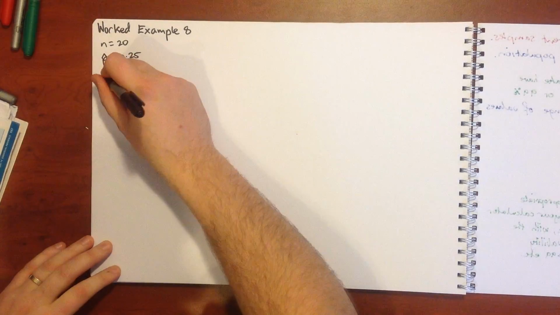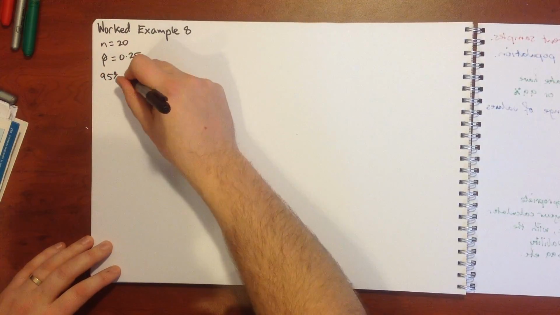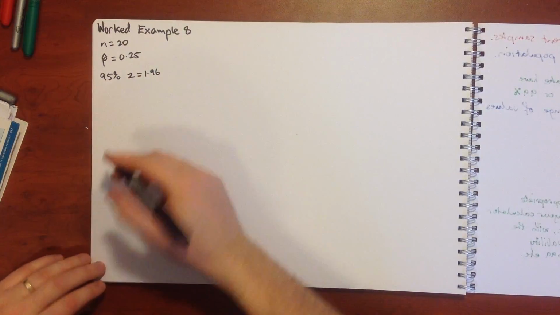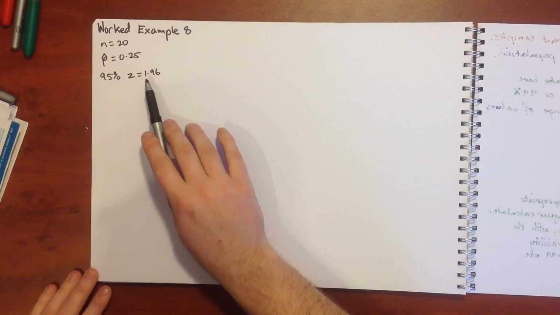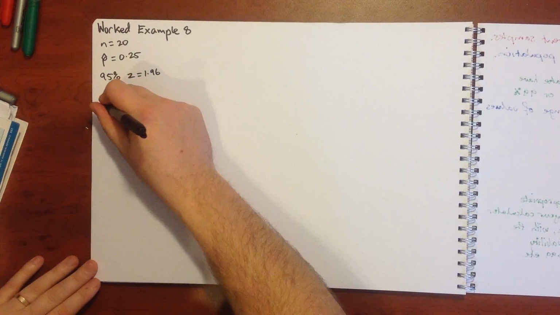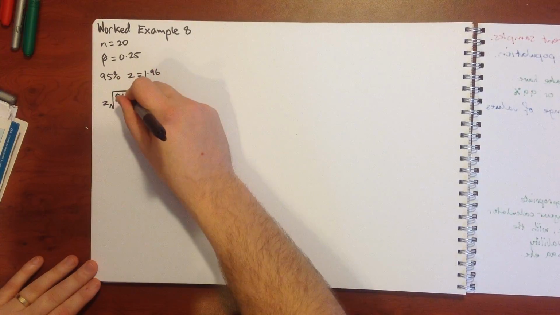Our 95% confidence interval is when z equals 1.96. So we know n is 20, p hat is 0.25, z equals 1.96.